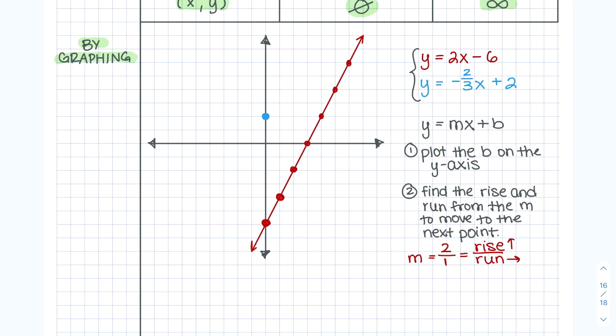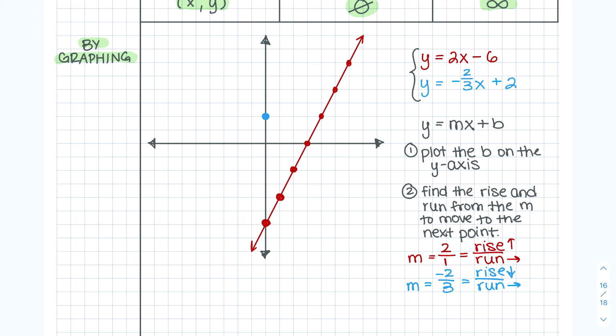Next, again, I need to find my rise and my run. So here, we have negative 2 over 3. So I'm going to do negative 2 over 3, which is my rise and run. And this is already in fraction form for me. So my rise, because it's negative, I'm not going to go up, I'm going to go down this time. And my run is always going to move to the right.